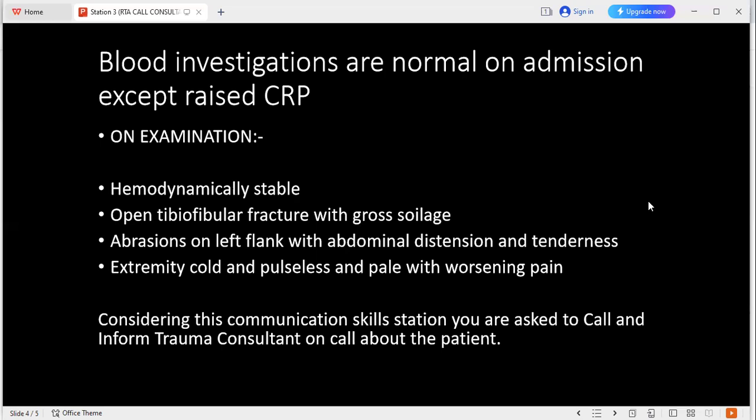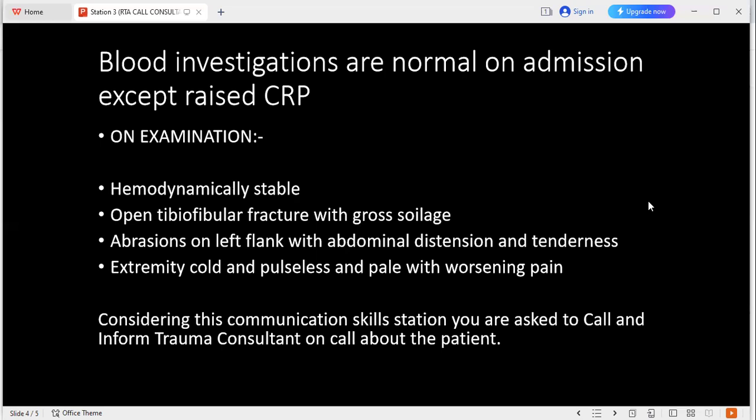What other investigation did you say you'll ask for? CT angiogram for the leg. Yes. So how would you check if the patient is hydrated enough?